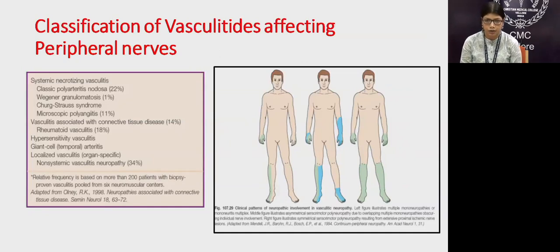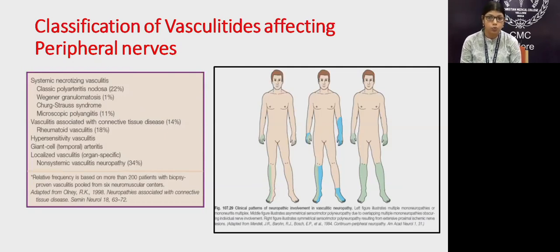So while dealing with a vasculitic neuropathy, we do an extensive evaluation of the systemic causes, and if all the systemic causes are coming back normal, then we can label it as a non-systemic vasculitic neuropathy and provide immunomodulation.